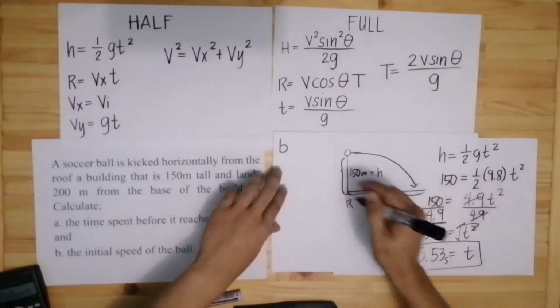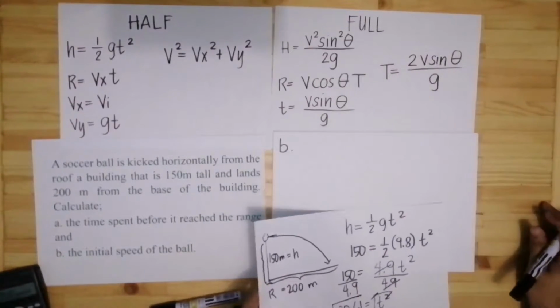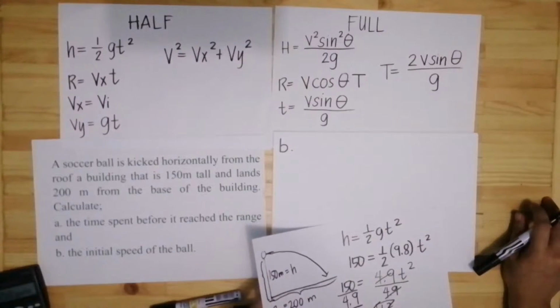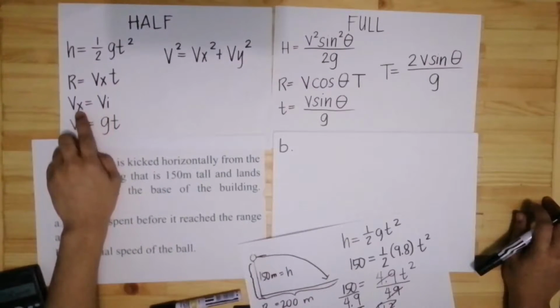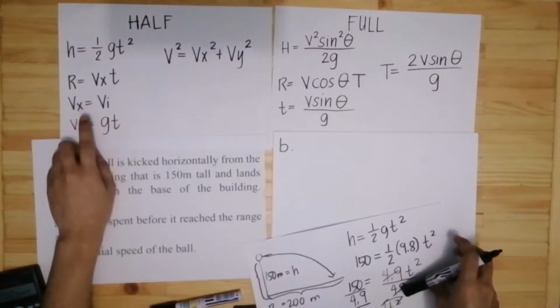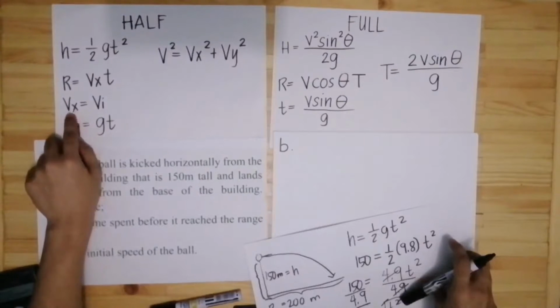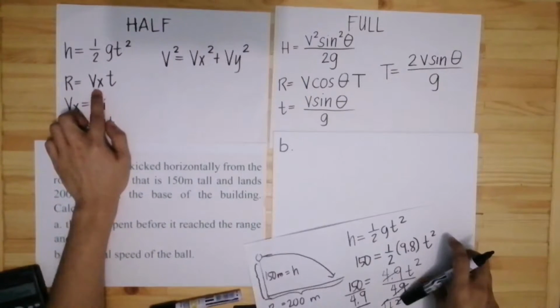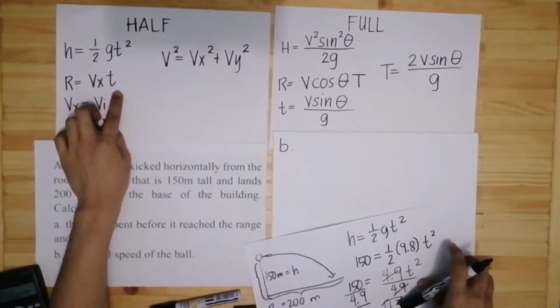So, dito, class, kailangan natin kunin yung formula na ginagamit para makuha yung initial speed natin. Vi is equal to Vx. Ang pwede natin gamiting formula ay ito. Since ang Vi natin, initial speed, ay equal lang sa Vx, itong Vx na to, pwede natin makuha gamit itong formula. Range is equal to Vx times time.